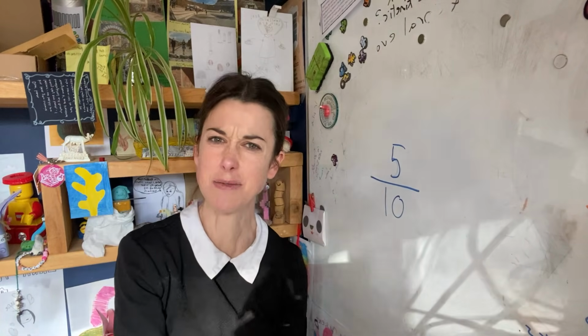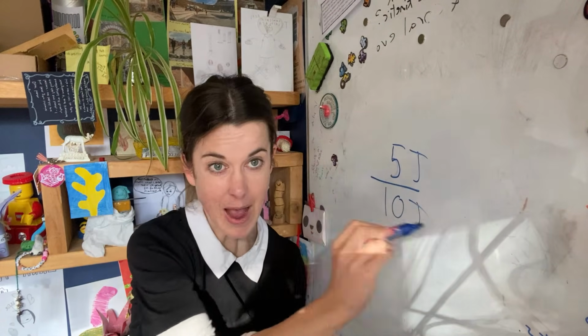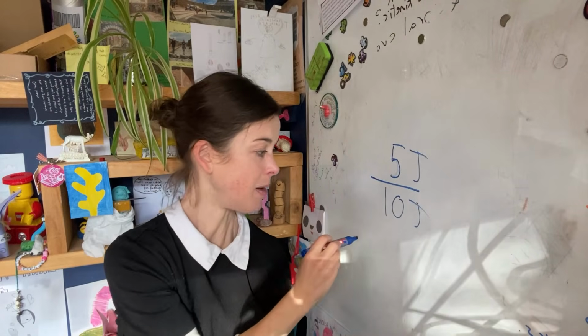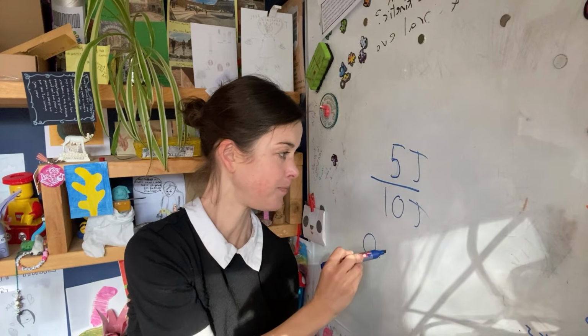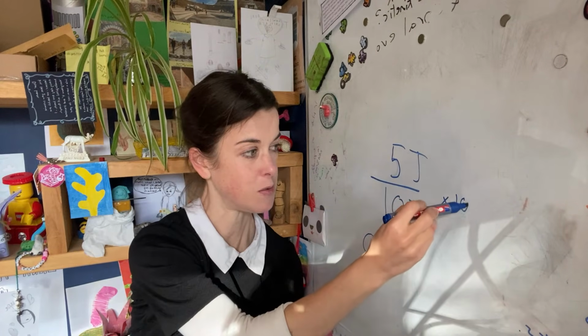I don't know, it just helps me, so maybe it'll help you too. So 5 joules out of 10 joules are useful, so what's 5 divided by 10? 0.5, and then you times it by 100 to turn it into a percentage.